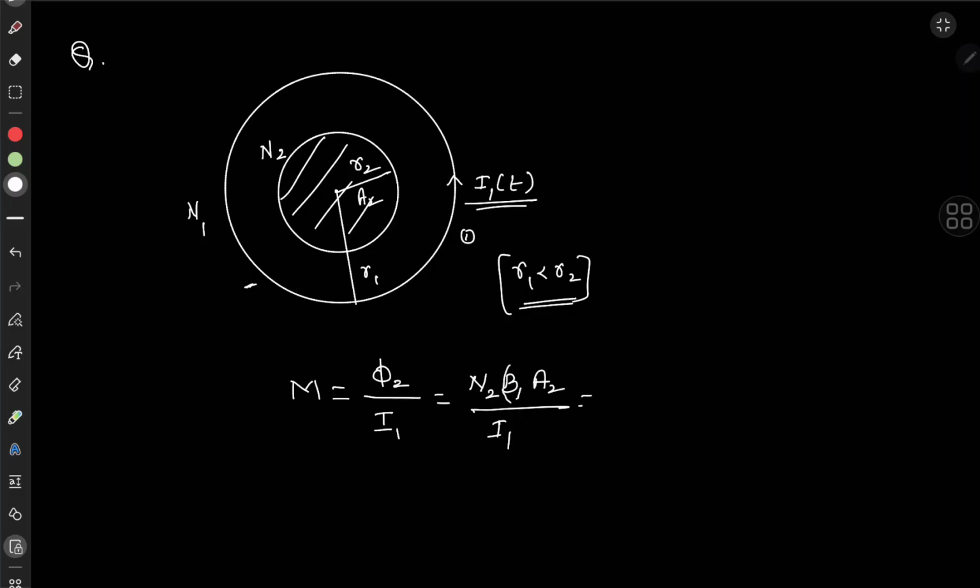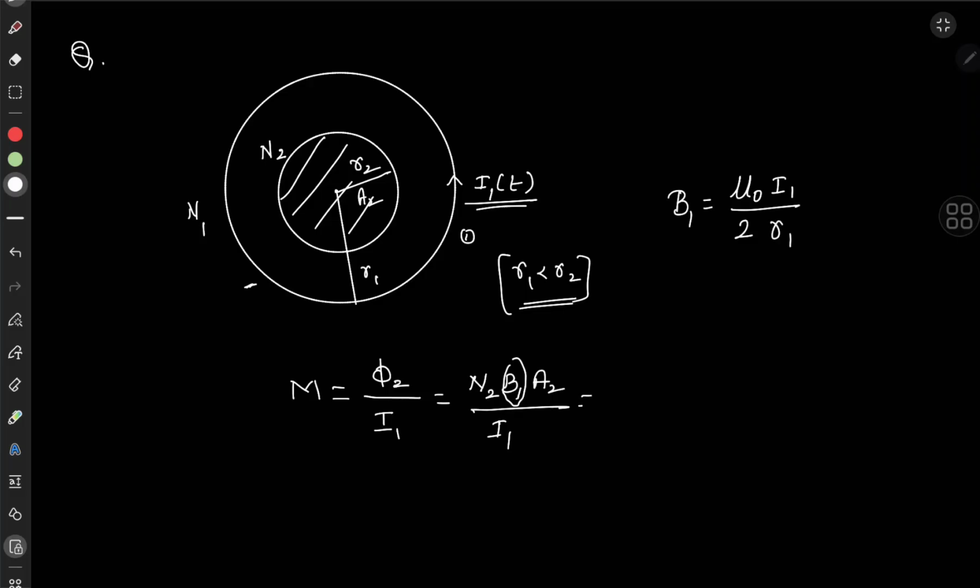Now can you tell me what is the magnetic field produced by this first coil? The magnetic field produced by the first coil we can write as mu naught I1 divided by 2R1, where R1 is the radius.